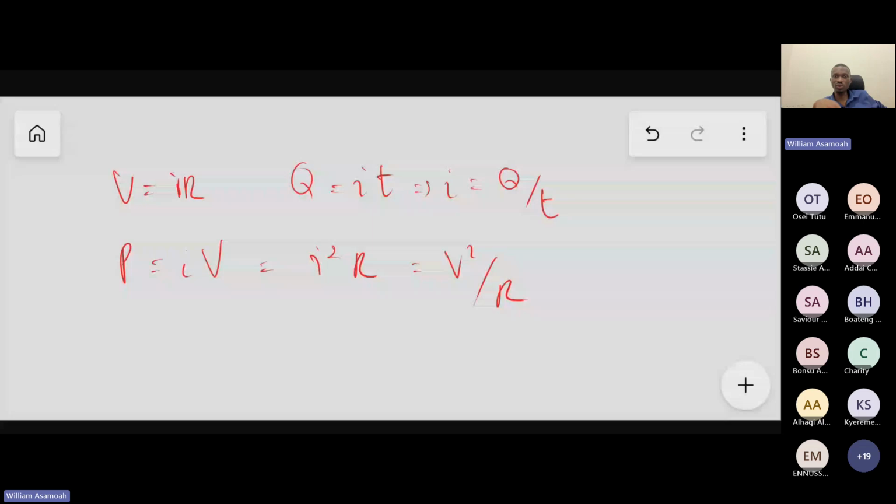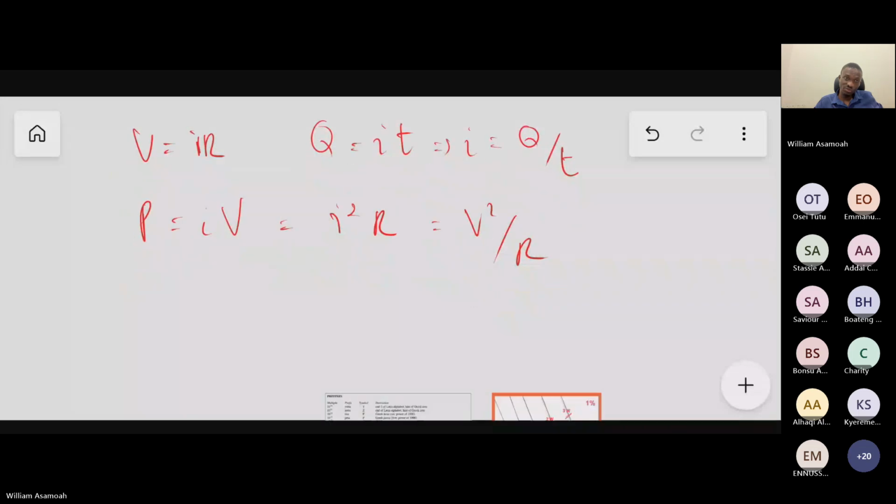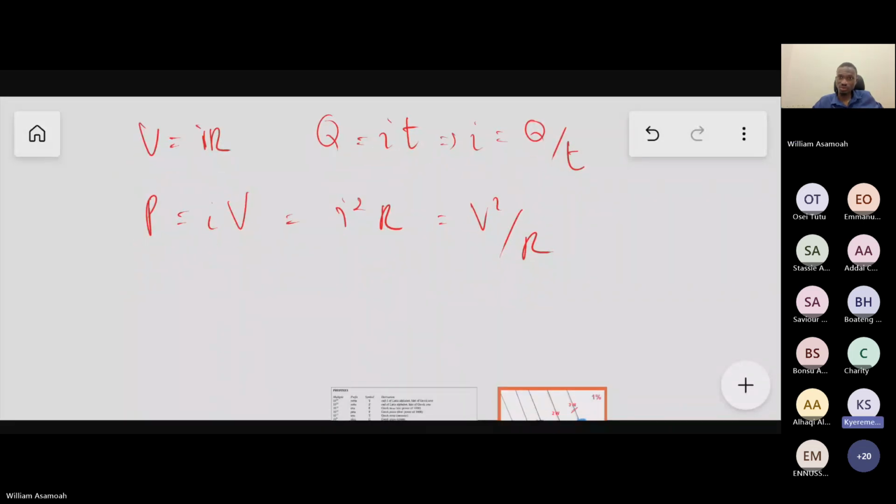What's the full meaning of DC? Direct current. How is that different from alternating current? The DC current moves in one direction, but for the AC current, it does the opposite.